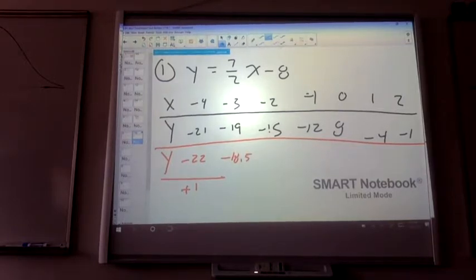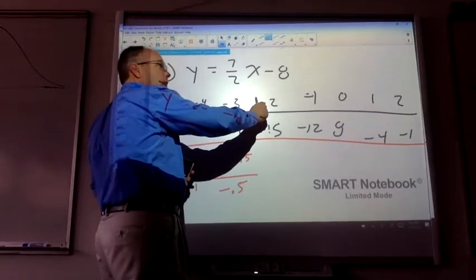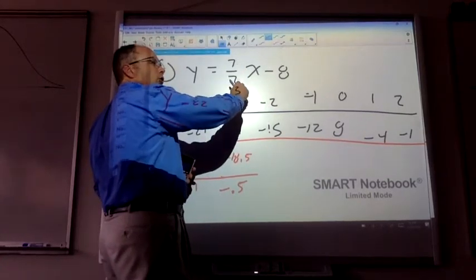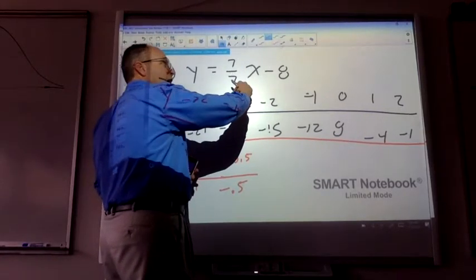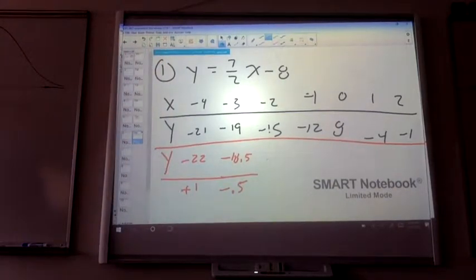Okay. So again, -19 minus negative, so it's plus. That gives me -0.5. Then let's take the -2 and plug it in. 7 times -2 is -14. -14 over 2 is -7. -7 minus 8 is -15. What's the residual here? Just 0, isn't it?